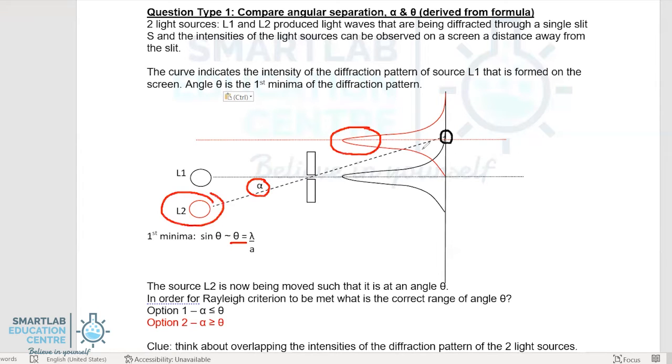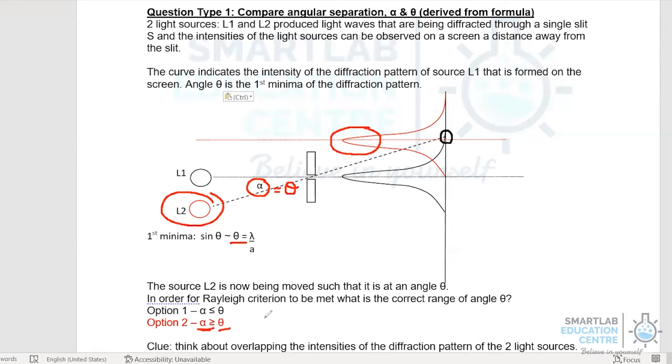So in short, when angle alpha is equal to theta, it barely meets the Rayleigh criterion, which means that the two light sources can be clearly resolved when angle alpha is larger than theta. To summarize, in order for the Rayleigh criterion to be met, the answer must be option 2, where angle alpha is greater than or equal to theta.